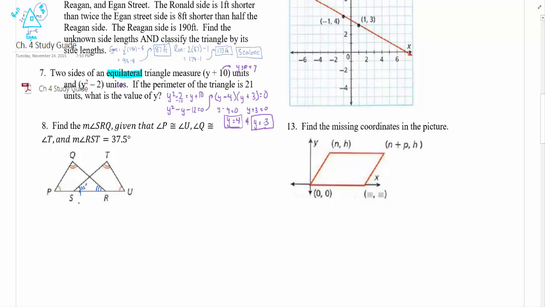So you can probably make the guess that angle SRQ, I was thinking PRQ, but SRQ would hopefully be 37.5 degrees. But with what we're given, we can't actually prove that because angle angle isn't a congruence theorem. So we are actually missing something for this problem.